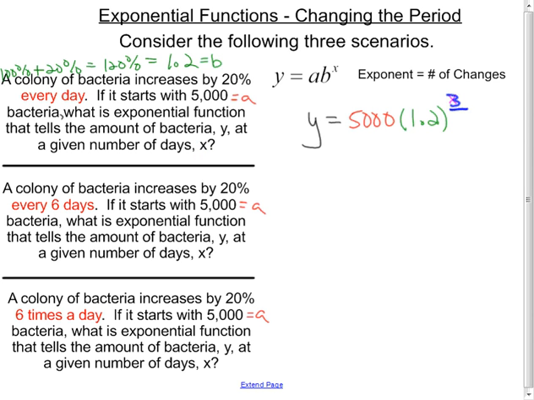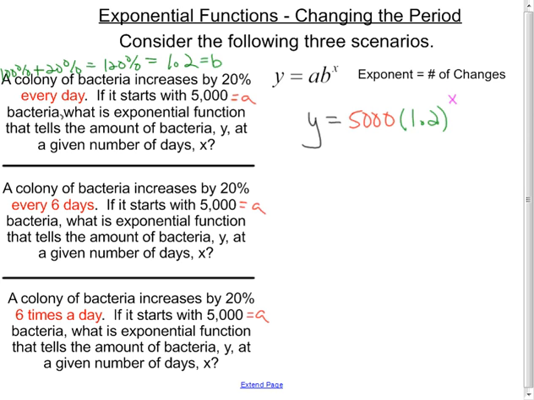And this would represent the number of changes as well, because it's 1 to 1. When you put in 3 for days, the exponent is 3, and 3 is the number of changes. Similarly, in 7 days, if you plugged in 7, the exponent would be 7. And this makes sense because in 7 days, there are 7 changes.